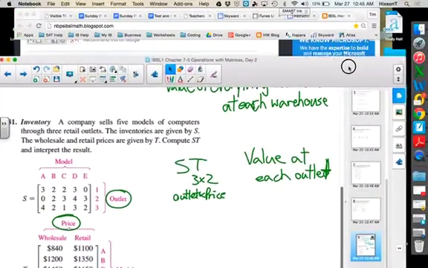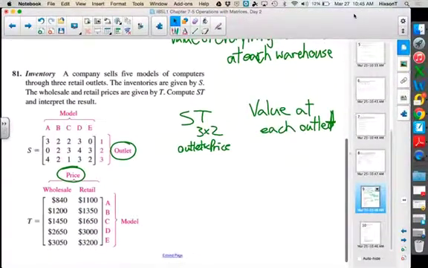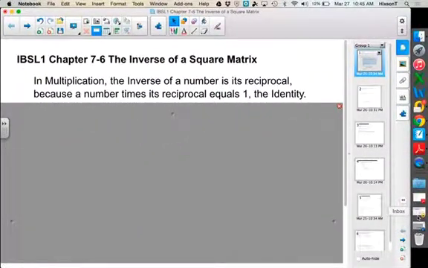Alright, so what we want to look at in the remainder of our time today is we're going to start talking about the inverse matrix. We talked about multiplication, and now we want to look at inverses of a matrix.